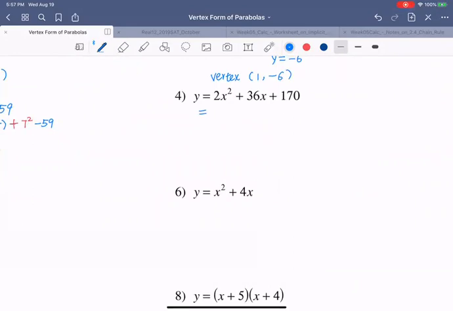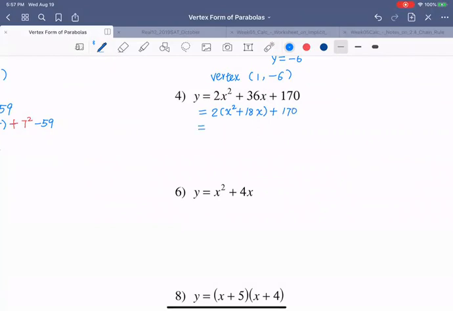Let's do this, Angela. Let's take care of the first two terms by taking out 2 first. So it's parentheses x squared plus 18x, sorry, and then copy down plus 170. Next.